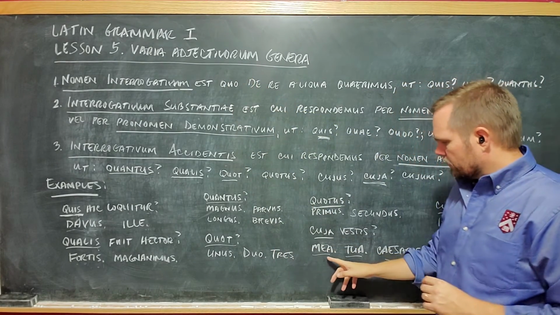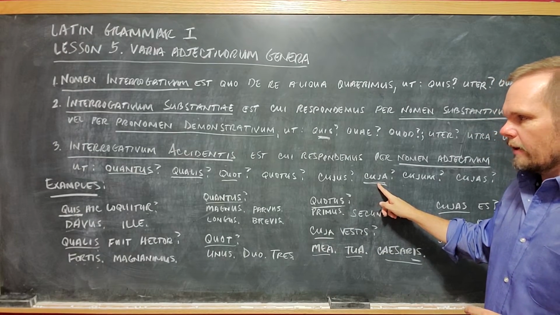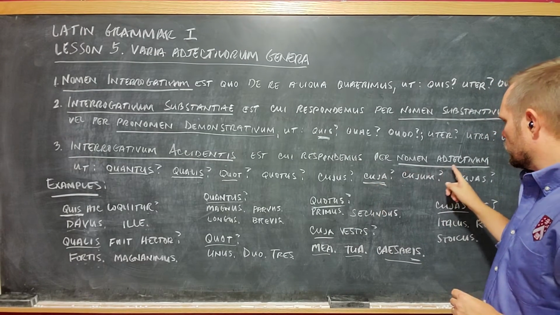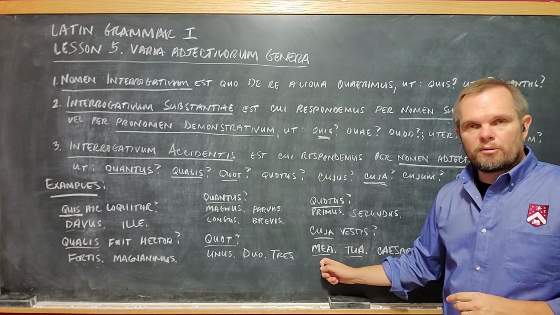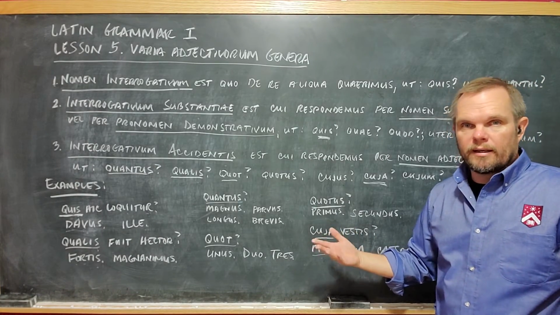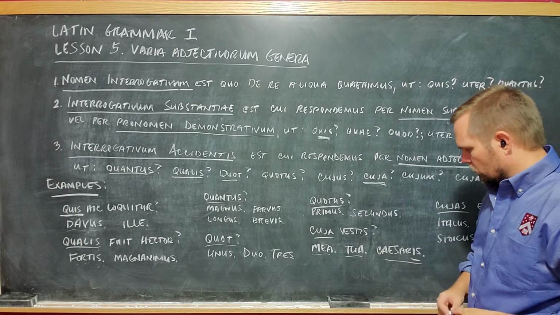So here we see cuia is an interrogative noun of accident to be answered with an adjective, and yet we find a pronoun because this pronoun mea acts like an adjective noun. It means my. Tua means your.